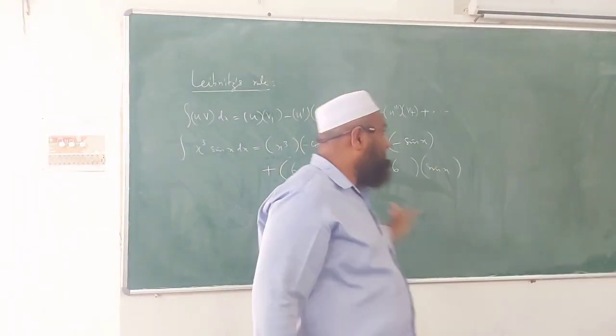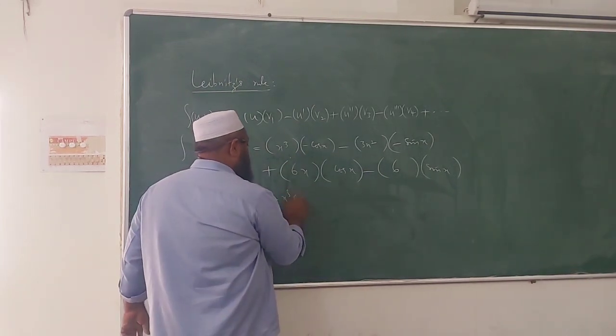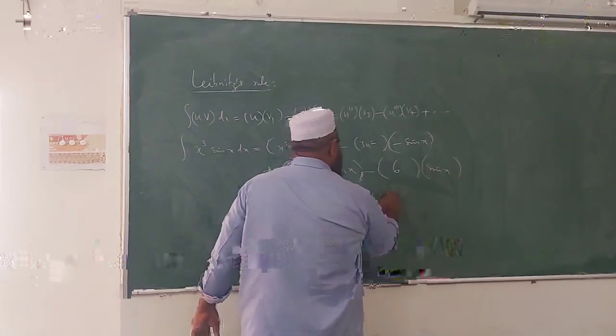Now we can simplify this one. It's how much? Minus x cube cos x plus 3x square sin x plus 6x cos x minus 6 sin x. How fast we got it? Clear? So it's so simple. You can do it very easily.